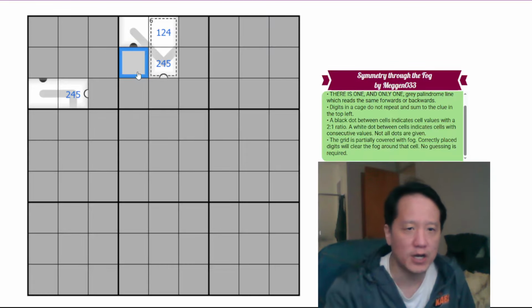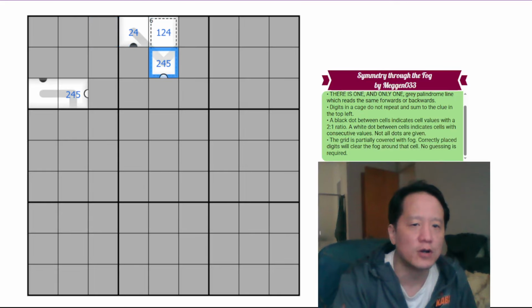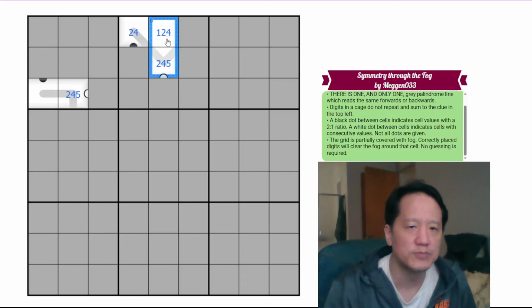Their only possible combination for that is 2 and 4. So this is 2 and 4, which eliminates 2 and 4 as a pair to add up to 6, because that would eliminate all possibilities for that cell if this was 2 and 4, right?